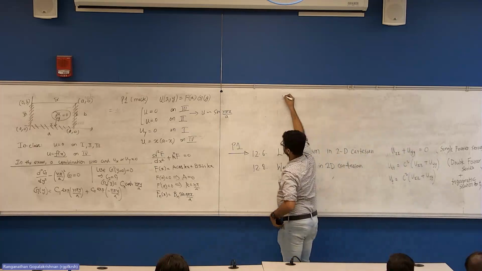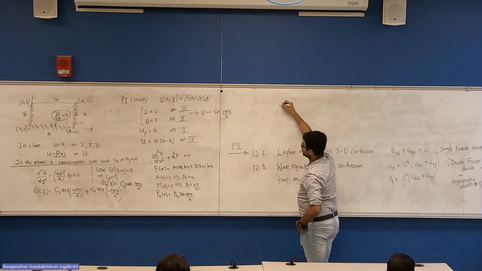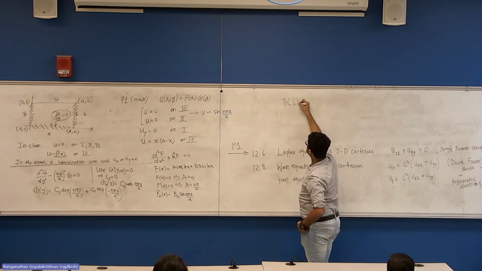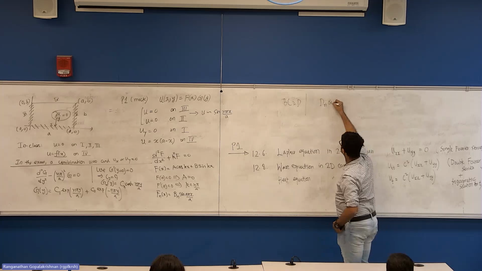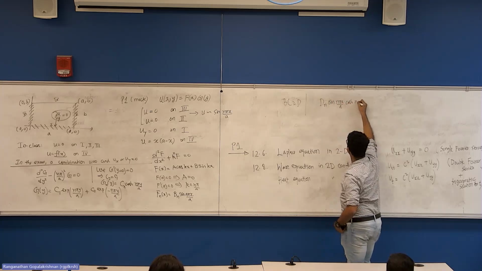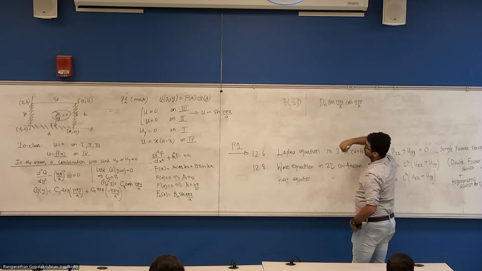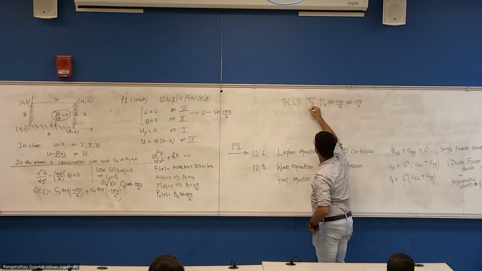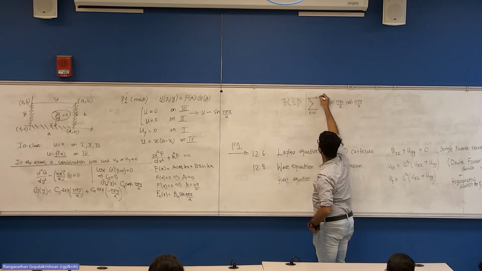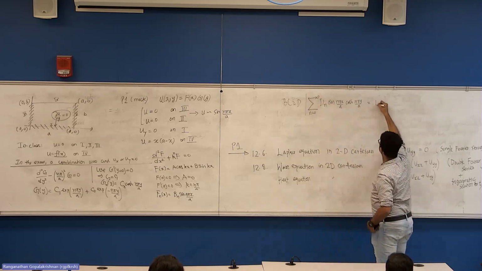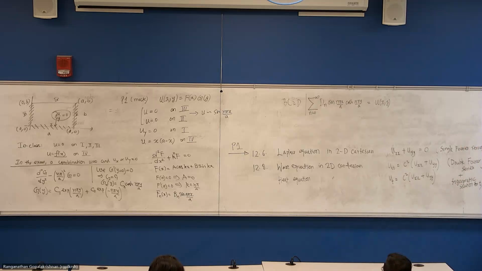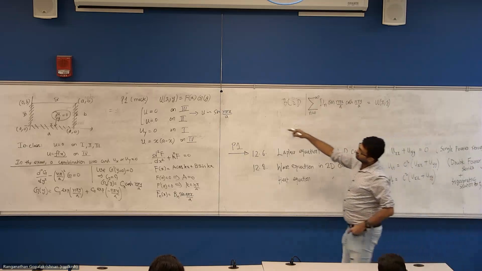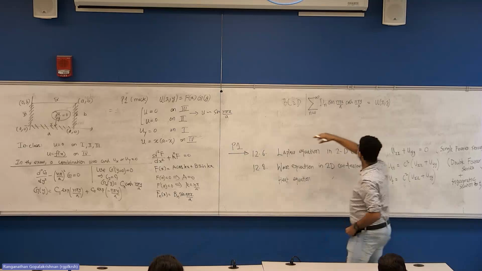So you would write B and C, we'll call it D, so that dn sine n pi x over a cos h n pi y over a, summation from 0 to infinity, is equal to u of x comma y. The fourth phase is y equal to b, right?